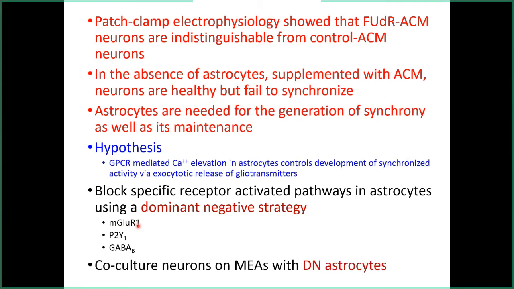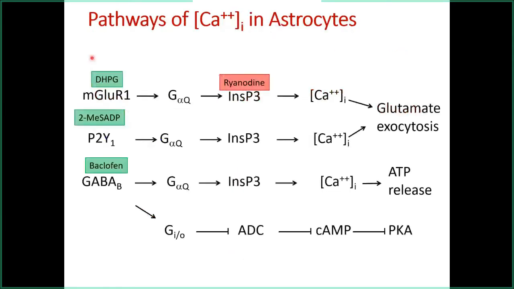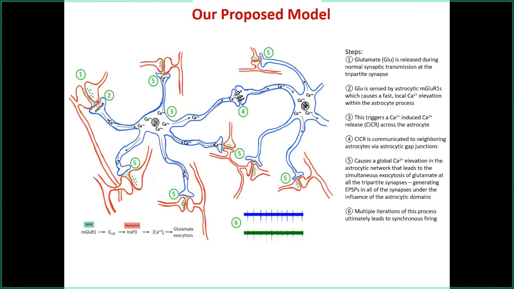Our idea is once we have these lines of astrocytes, we can co-culture them with neurons on MEAs and then look at network activity. These are the standard pathways that have been identified and characterized in astrocytes, so we can also use pharmacological agents to activate or block them. I'm going to show you data for the mGluR now.